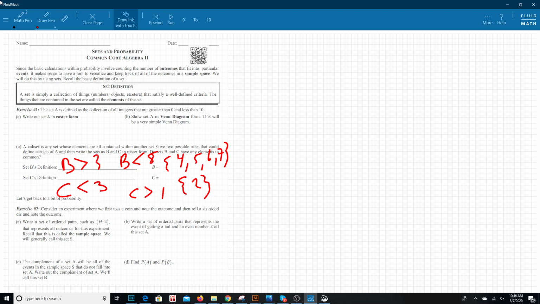So, in the first set, this is going to be a sample space. These are outcomes, and together they're going to equal the sample space. You can have heads or tails.